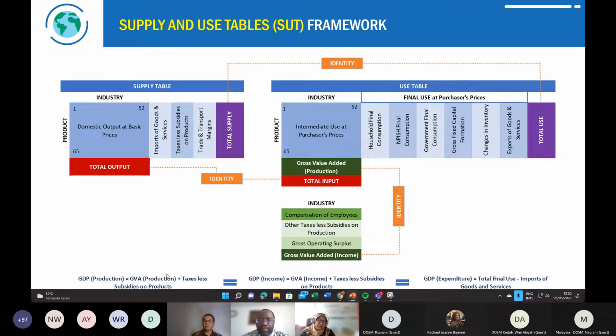And the most important identity is that GDP production equals GDP income and GDP expenditure in the SUT framework. Before we confirm these identities match, we cannot have a balanced SUT.